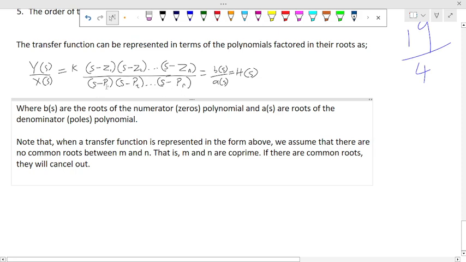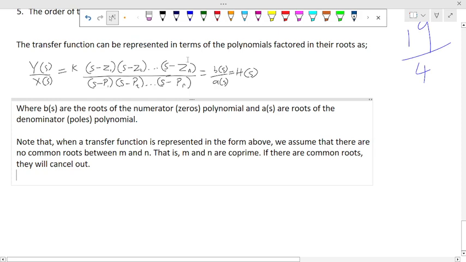Why do we use z for the numerator and p for the denominator? Because the roots in our numerator are called zeros, while for the denominator they are called poles, so you have p there.